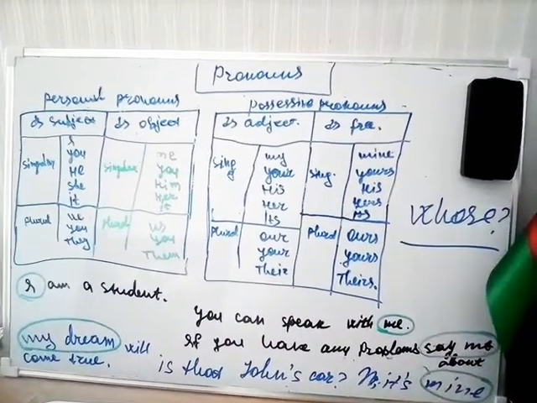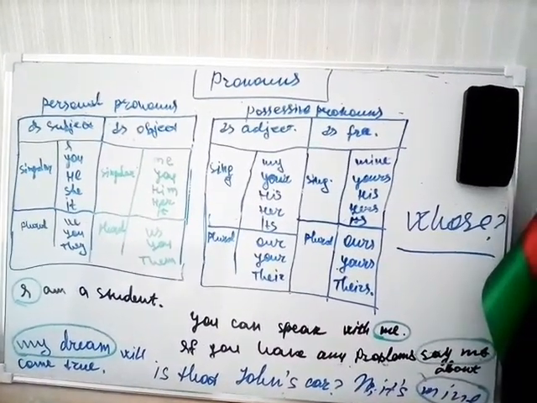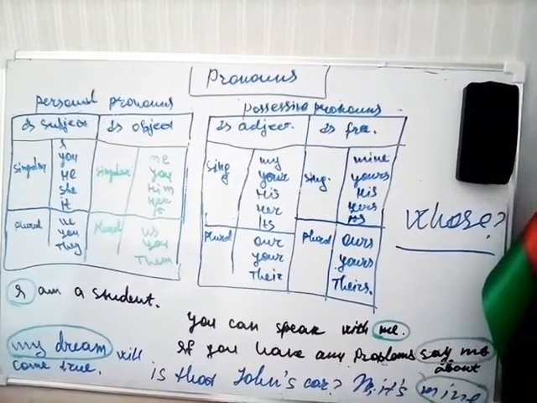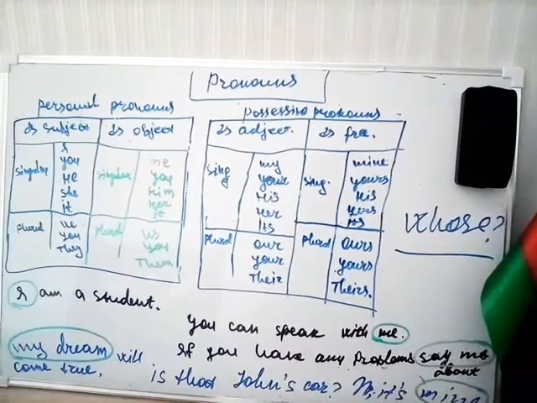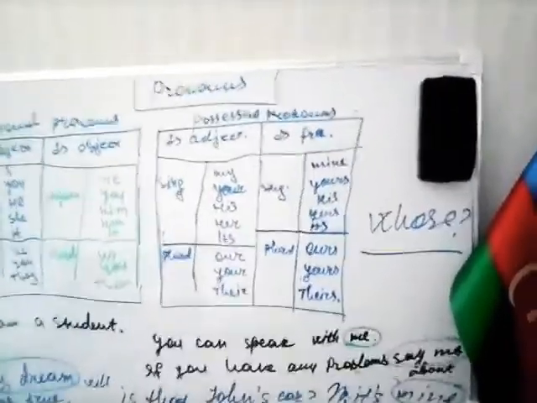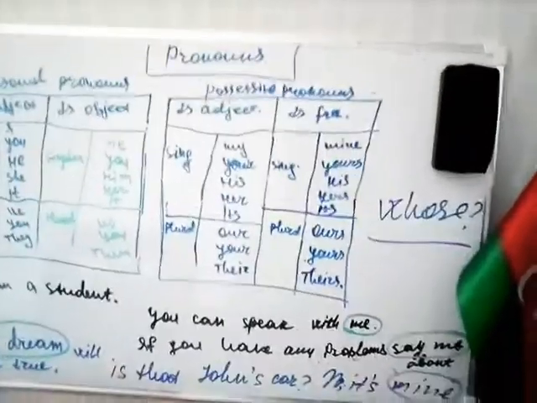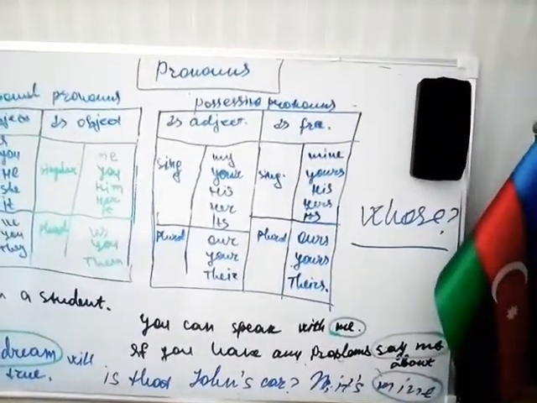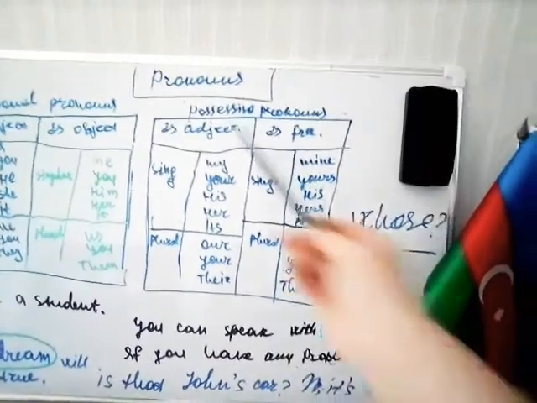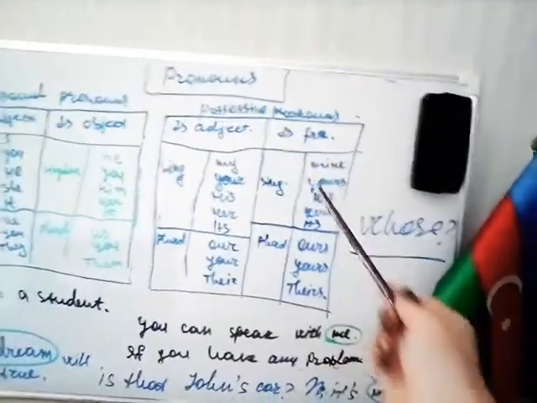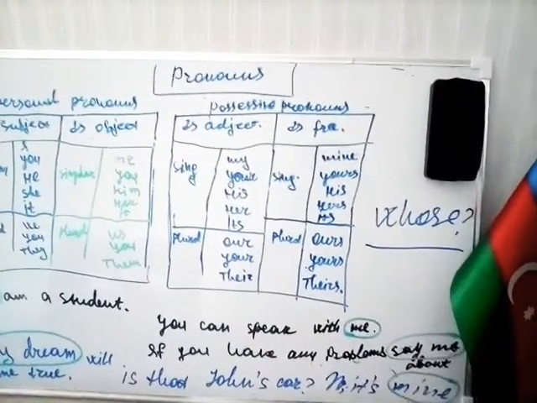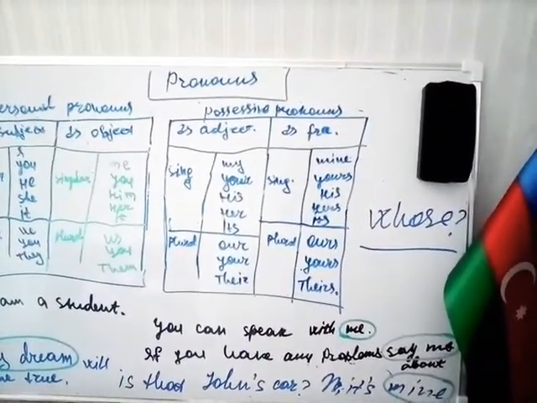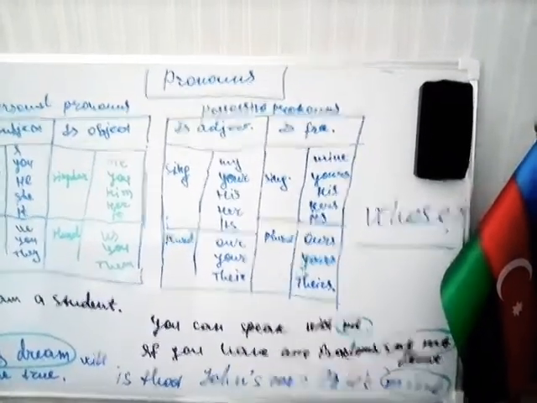As you know, for persons we can use possessive pronouns too. And in English, they divide them into two groups. I mean, two kinds of possessives you can see in English. You can use in your speech possessive adjectives and possessive pronouns.